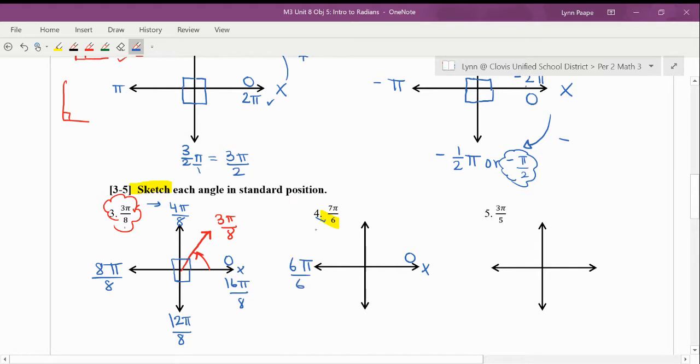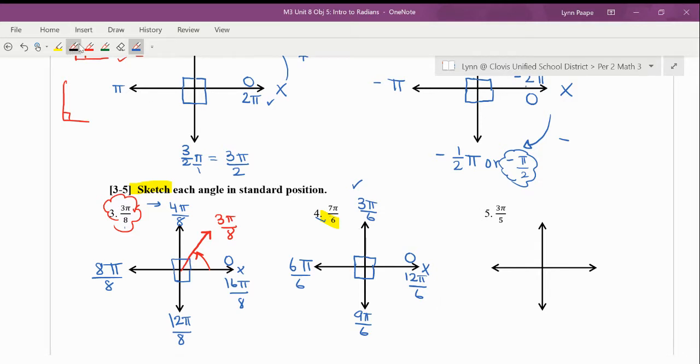And then I'm going to take half of 6, so half of 6 is 3, with the matching denominator. And then now I'm going to count by 3s. So this would be 3 pi plus another 3 pi would make that 6 pi, plus another 3 pi would make that 9 pi, plus another 3 would make that 12 pi, always keeping that common denominator.